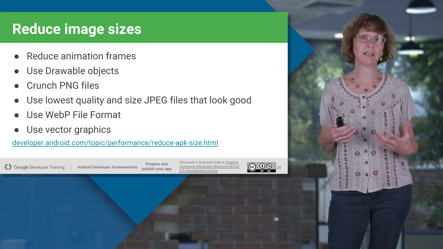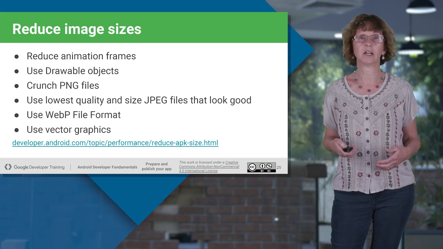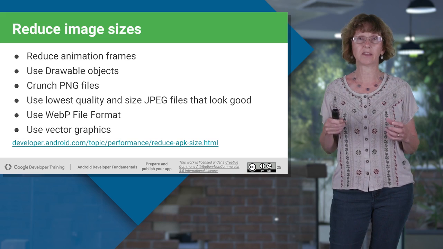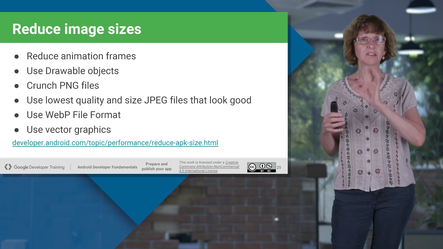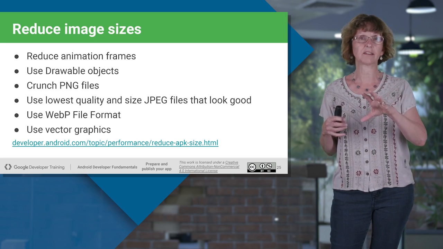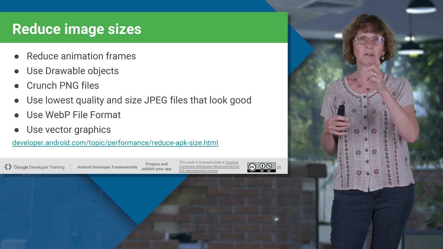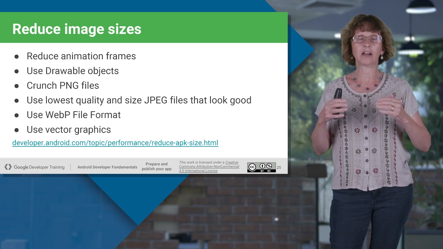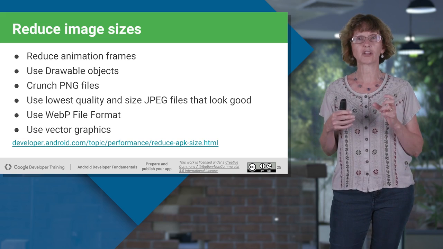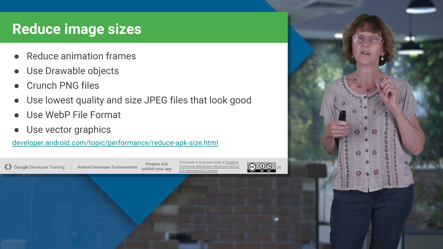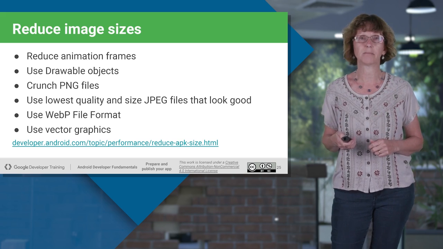If you have animated images, reduce the frame rate. You can use drawable objects, and the good thing about drawable objects is that there's the data path. There isn't actually an embedded image that gets saved in the project. There's the data path, and then when Android goes to render it to the screen, it draws the data path. So the actual drawable object itself is very much smaller than an image might be.